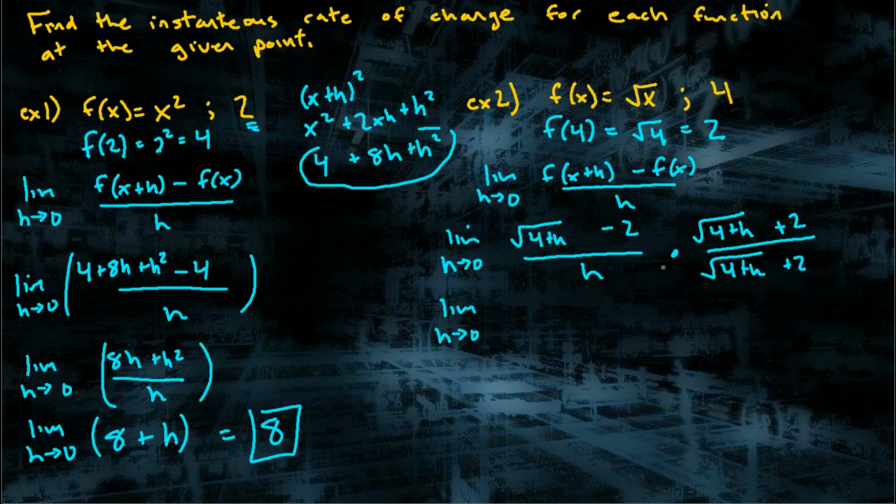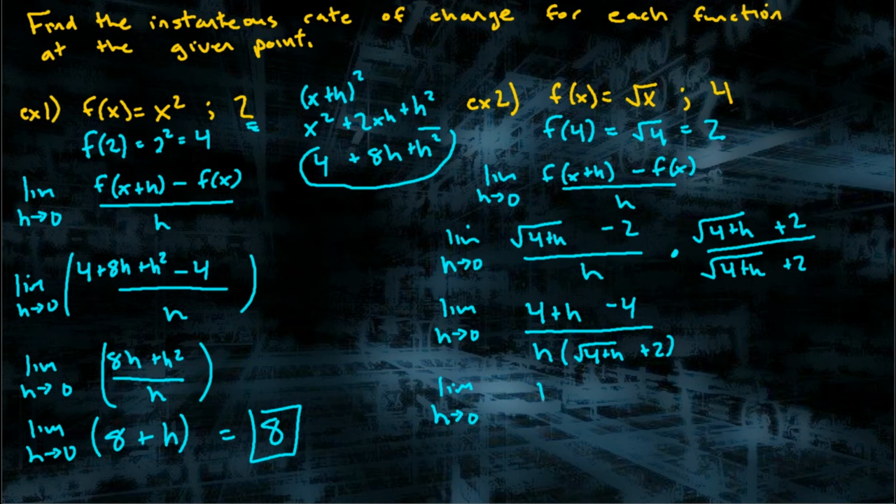When I get that, I'm going to get 4 plus h, because that quantity is going to give me square root of 4 plus h squared, minus 4. And I'm actually not going to multiply out the denominator, because I'm hoping that the h is going to cancel anyway. And 4 minus 4 is 0.